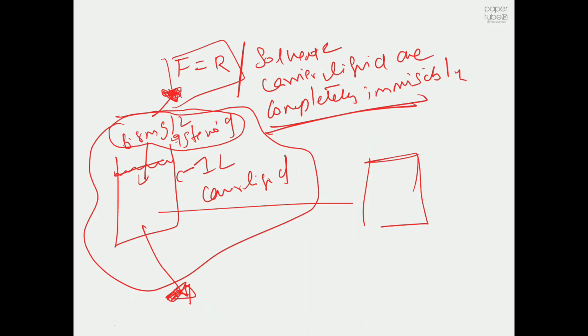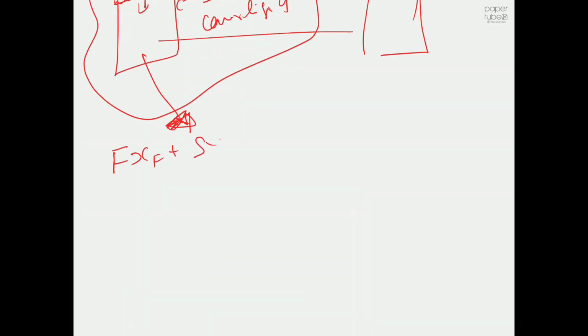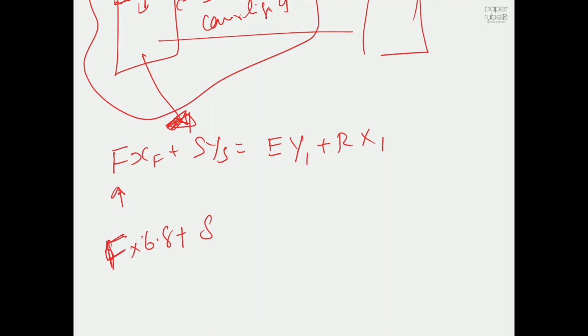And then with this information, let's solve the problem. Let's perform the mass balance. F xF plus S yS is equal to E y1 plus R x1. We have a feed, which is nothing but F, we don't have the value. xF is 6.8. Plus S, we don't know. yS we know is 0, because we are working with pure solvent, so the solute concentration in the solvent should be equal to 0. And E we don't know until now.